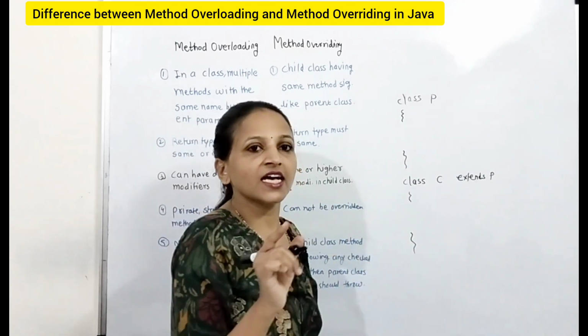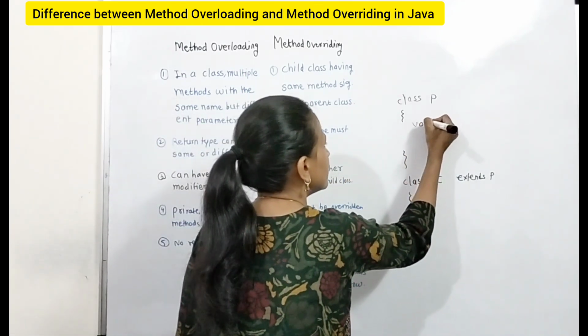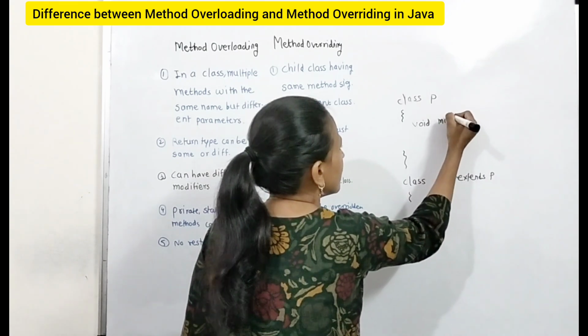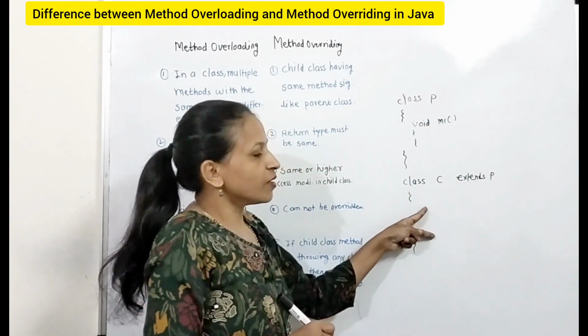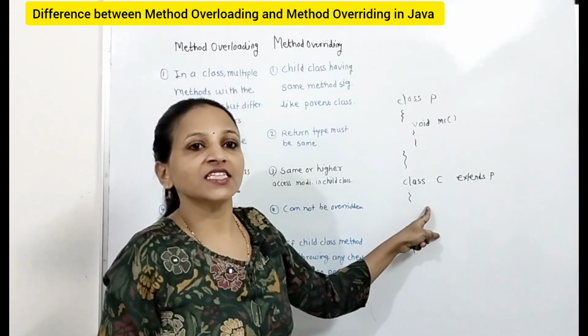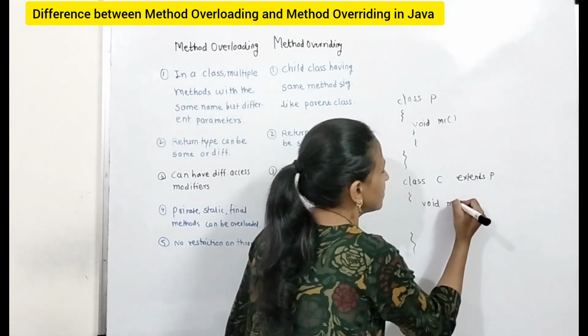Suppose inside the parent class I have declared one method, let's say void m1, and the same method I am redefining inside this child. See, the same method signature should be there.